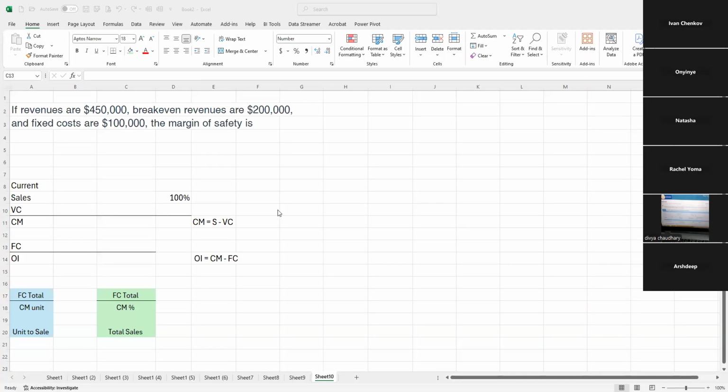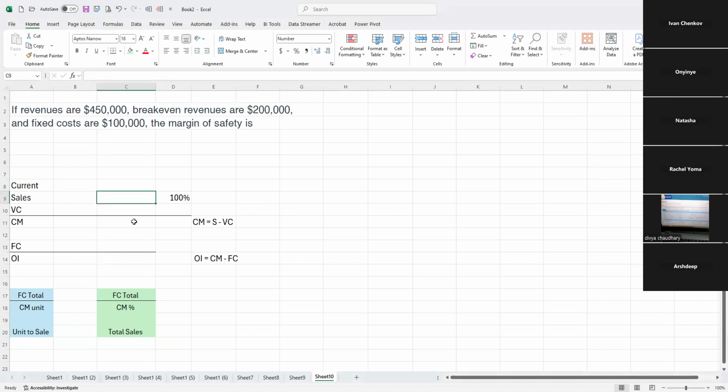Okay, next question. If the revenue is 450, break-even revenue is 200, fixed cost is 100, what's the margin of safety? If in dollars, then let's go. What do we know?